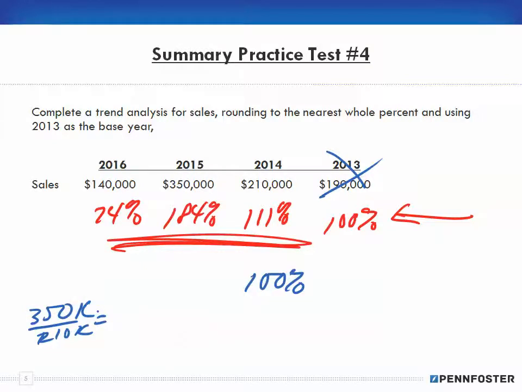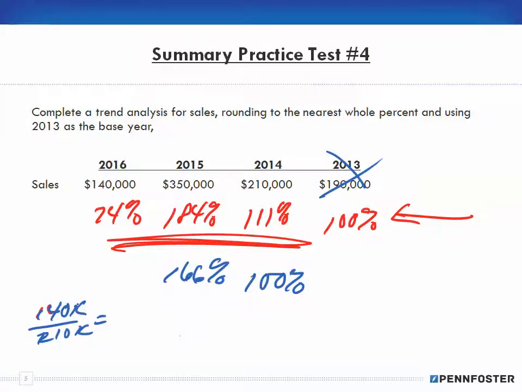This is just for fun, so that you can get a better grasp of what's going on here. So my percentage would have been 166%. And then for 2016, we have 140,000.